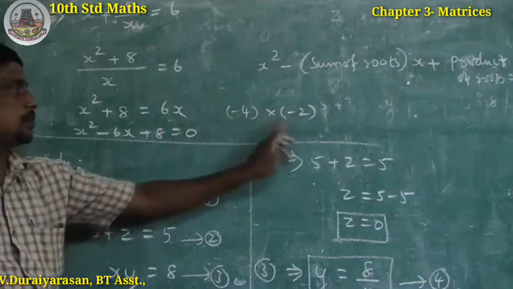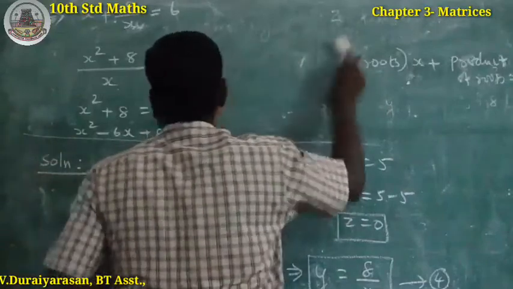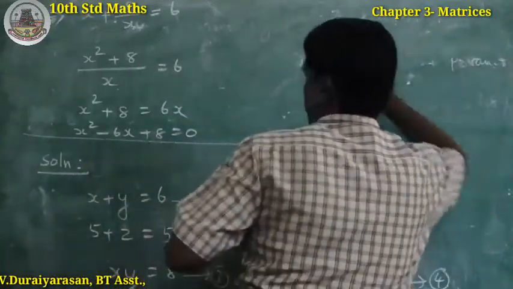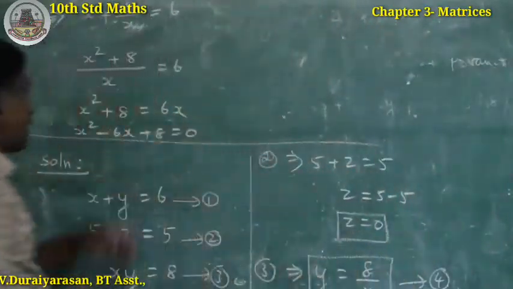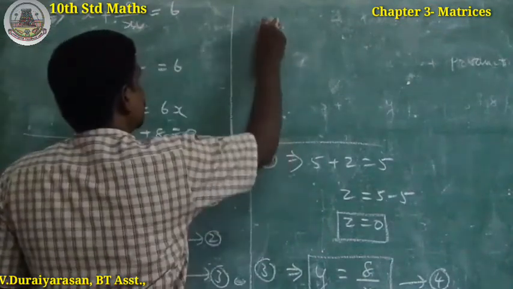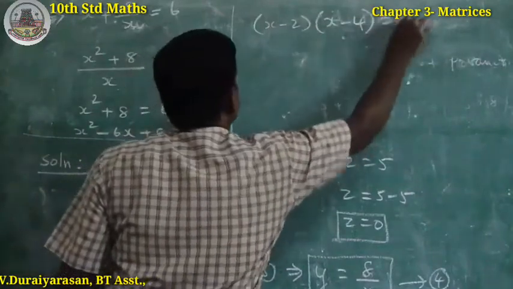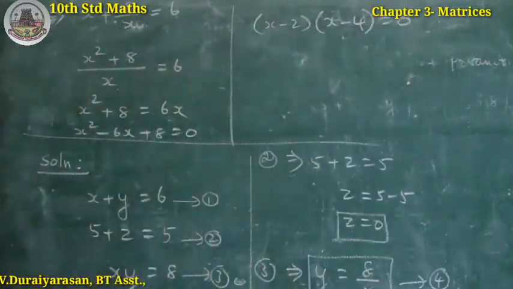Sum of these roots, minus 4 minus 2 is minus 6. So the factors of the quadratic equation x square minus 6x plus 8 equal to 0 are x minus 2, x minus 4 is equal to 0.